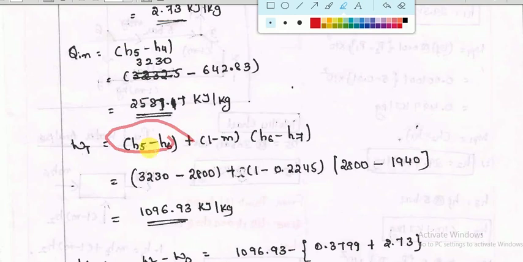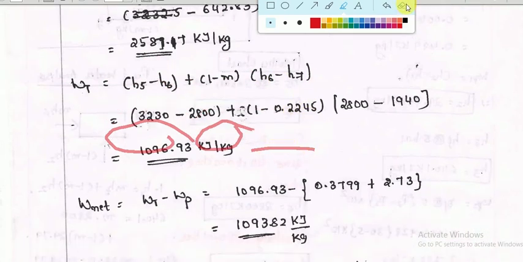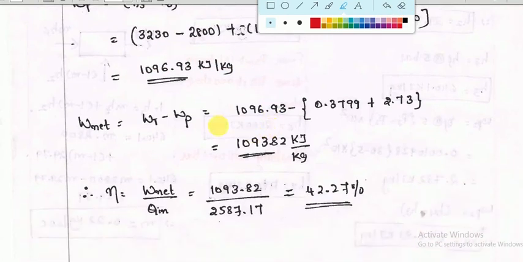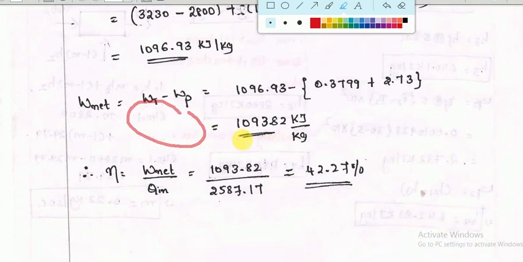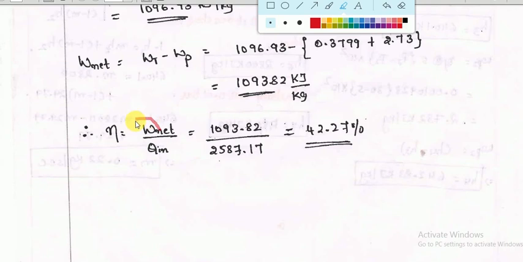H5 minus H6 into 1, plus 1 minus M into H6 minus H7. We note down all the values, substitute, and we get the work of the turbine. The net work is given by WT minus WP. Then efficiency is given by W net divided by heat input. So we calculate the efficiency of the Rankine cycle.